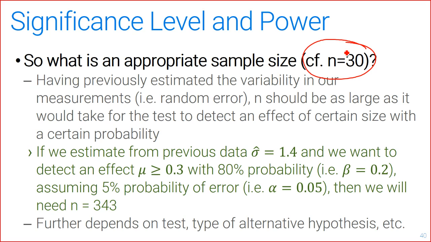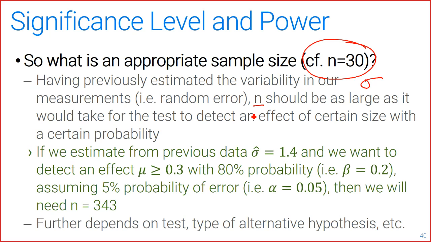And now we are in the position of going into the solution with more detail. And it's actually something like this. If you have previously estimated what is the variability in your measurements, so what is the sigma, or you know what the sigma is based on literature or something else, if you are somehow able to estimate what the sigma is, the sample size should be as large as it would take for the specific test to detect an effect of a certain size with a certain probability.